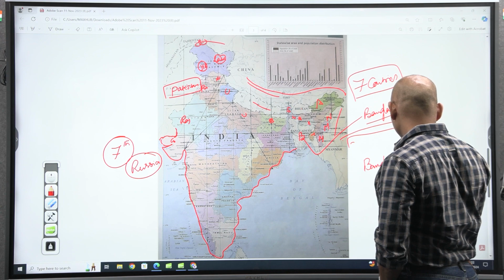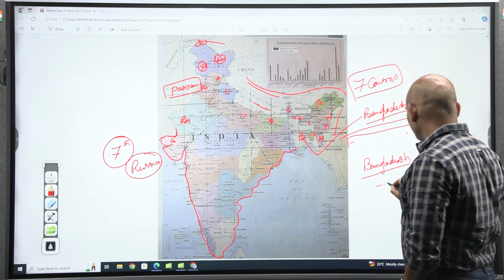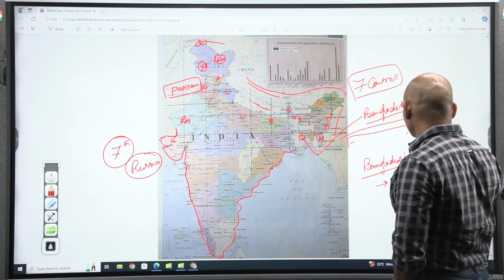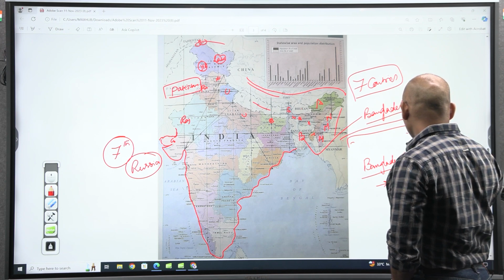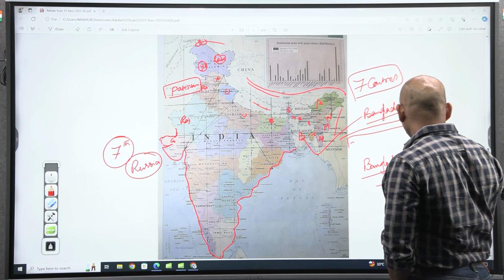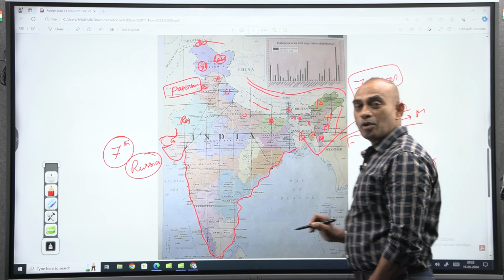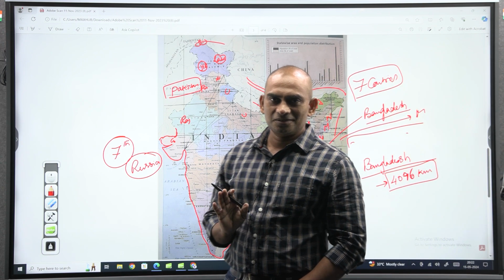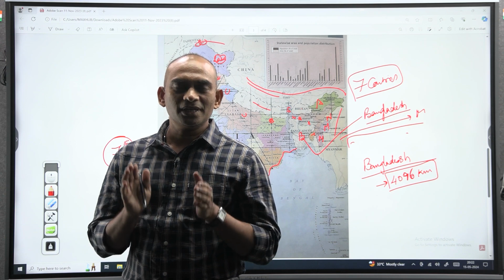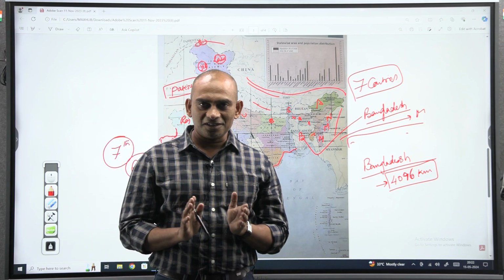India is sharing 4,096 kilometers of international boundary with Bangladesh.